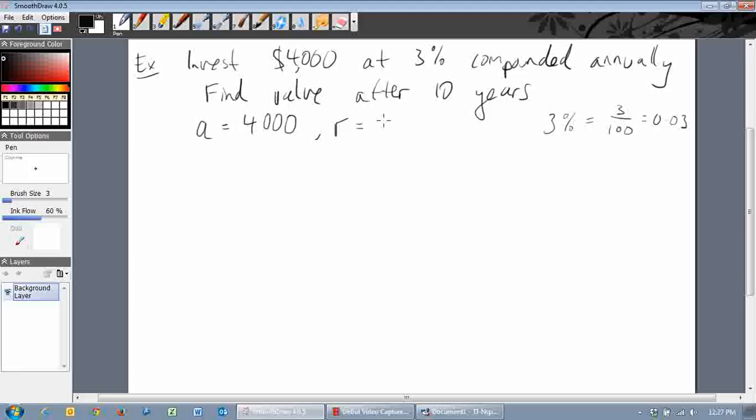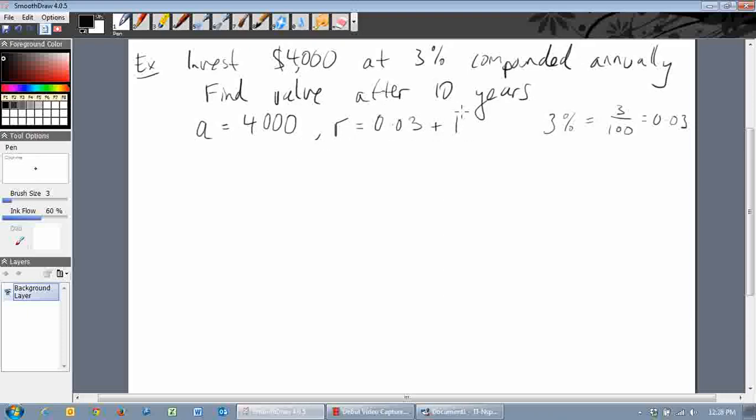And if you multiply your 4,000 by 0.03, it's going to become much smaller. So you haven't actually got the right ratio there, because we want this to grow by 3%. And so it's actually going to be 0.03 plus 1, because it's going to grow.